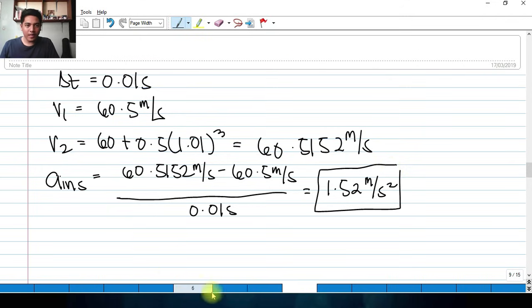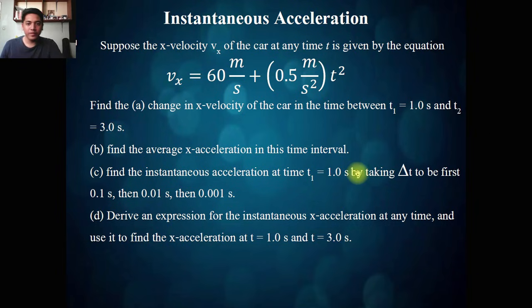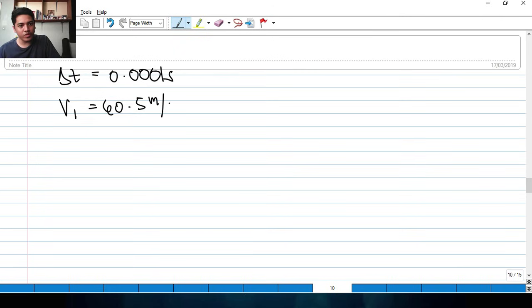Okay? And lastly, according to the problem, we take delta t as 0.001 second, because again, we should approach delta t to 0. So our V1 is still 60.5 meters per second.